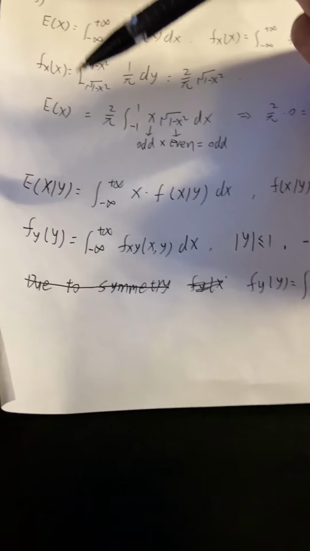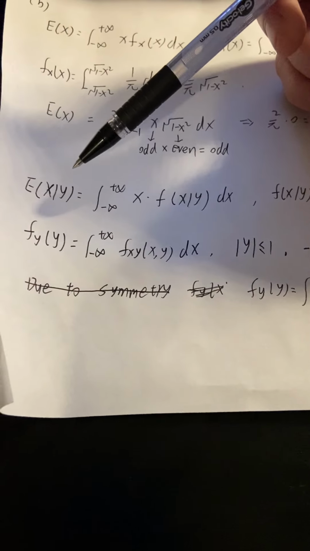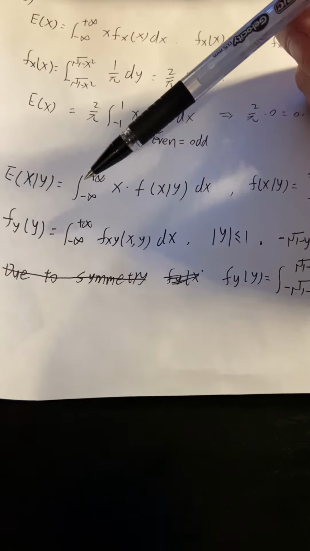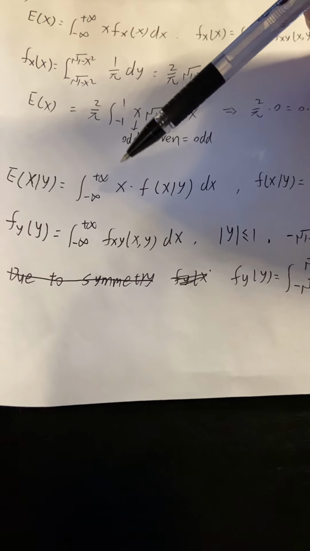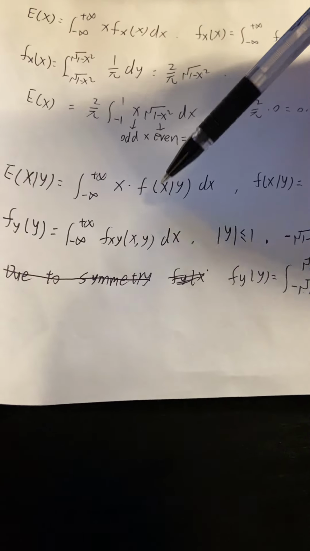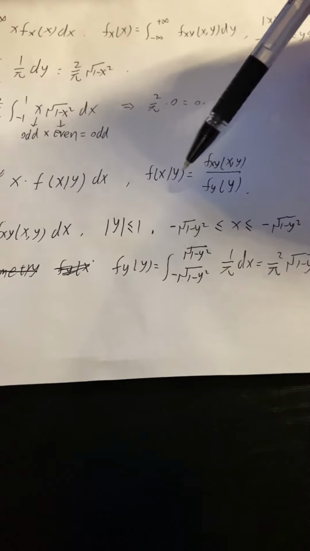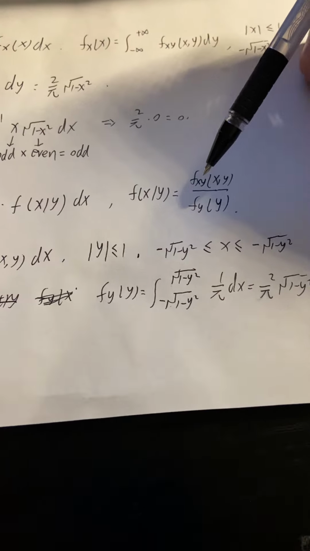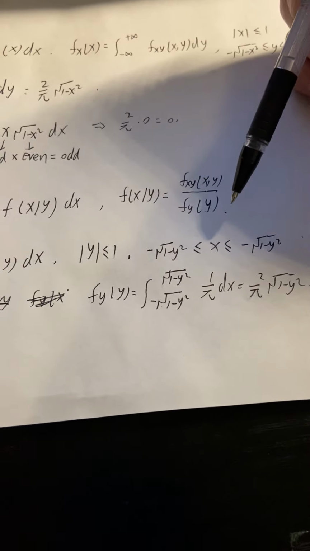And next, we find the E of X given Y. By the definition, it will be the integral of x times f of x given y dx. F of x given y is the joint density function divided by the density function of y.